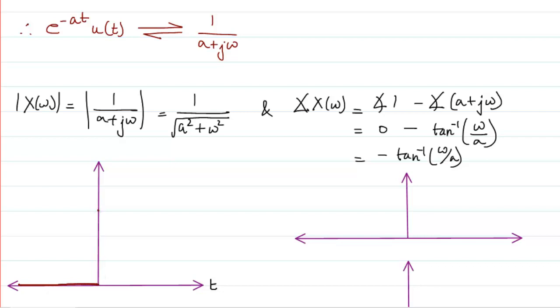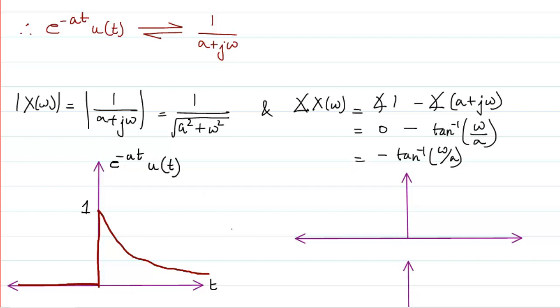After that its value will suddenly rise, and then e raised to power minus a t means slowly it will decay. This maximum value is basically 1 because it is e raised to power minus a t. So this I will write as e raised to power minus a t u of t.